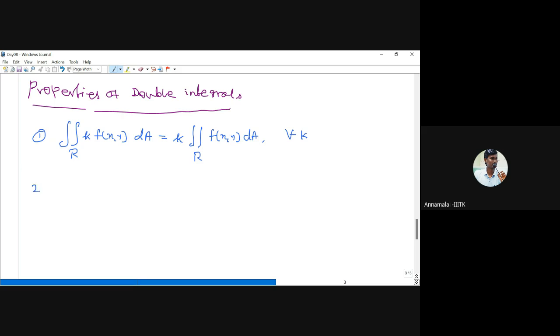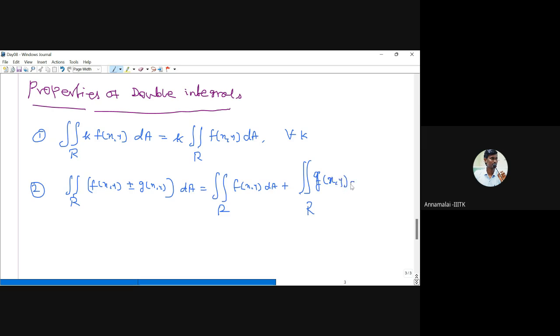And second, if you add or subtract two functions, the double integral over R of f of x comma y plus or minus g of x comma y dA is equal to the double integral over R of f of x comma y dA plus or minus the double integral over R of g of x comma y dA.